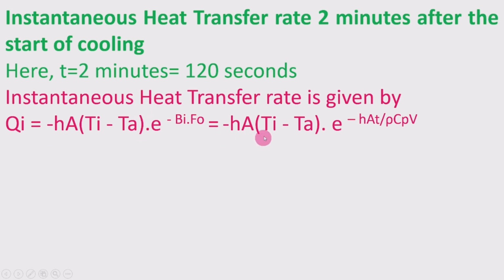The first term remains the same, minus hA (Ti minus Ta) e raised to minus hAt by rho Cp V. We can rearrange this as minus hA (Ti minus Ta) into e raised to minus ht by rho Cp Lc, because V by A is taken, A is sent to the denominator, where V by A is the Lc.